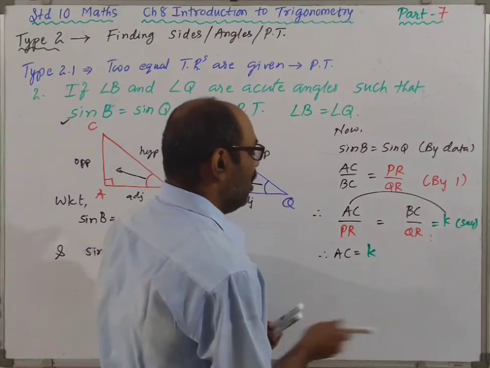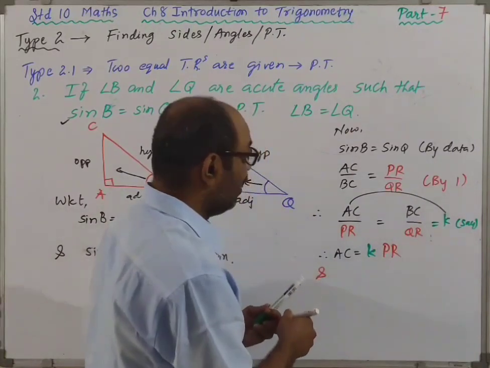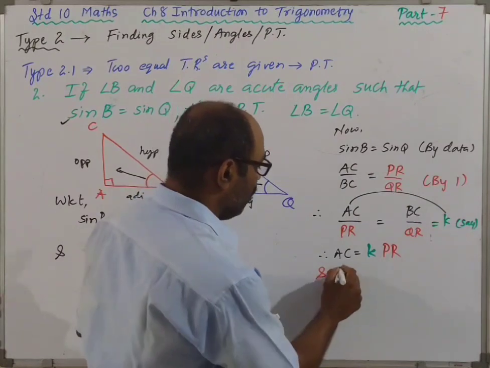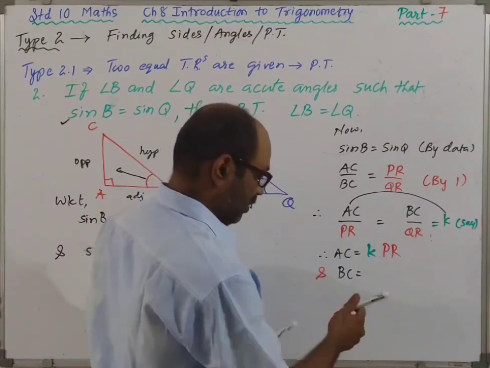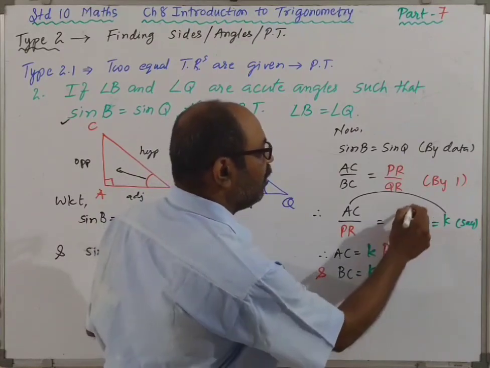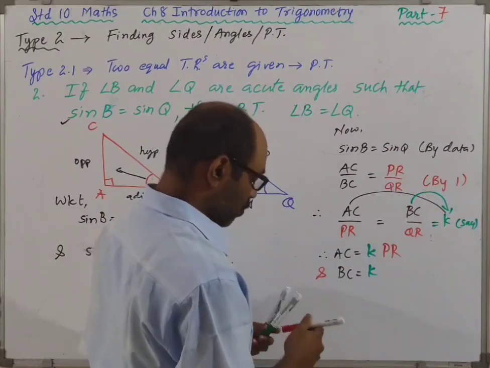AC is equal to K times PR, and BC is equal to K times QR. If you use this, BC is equal to K times QR.